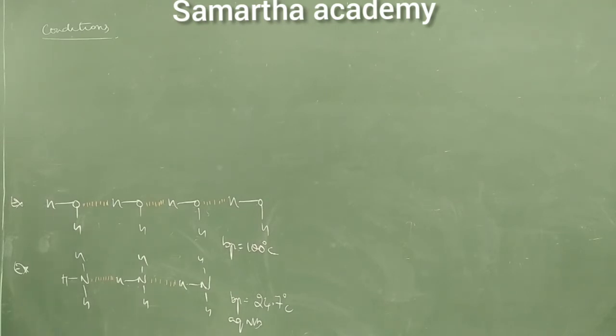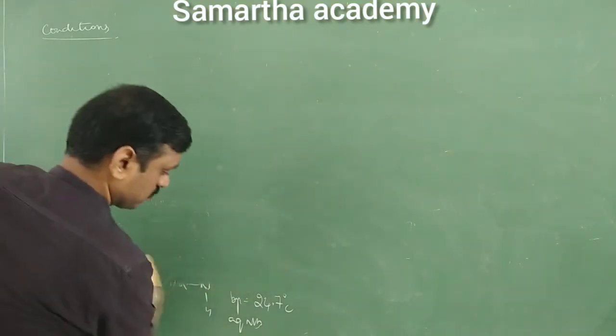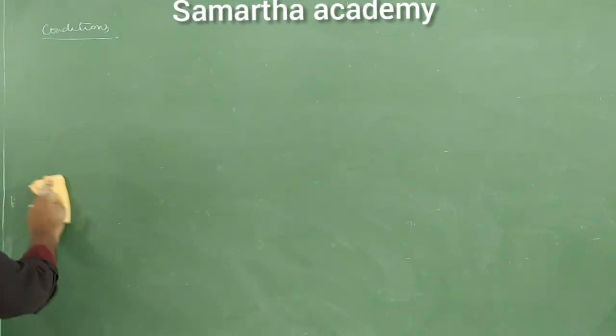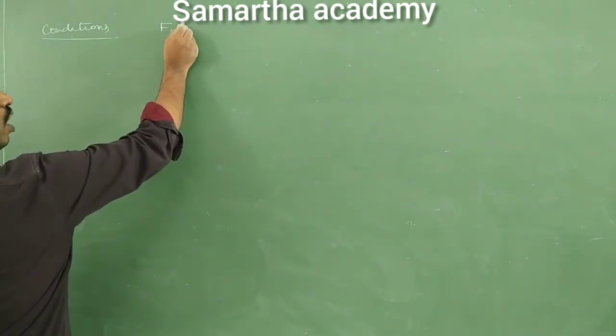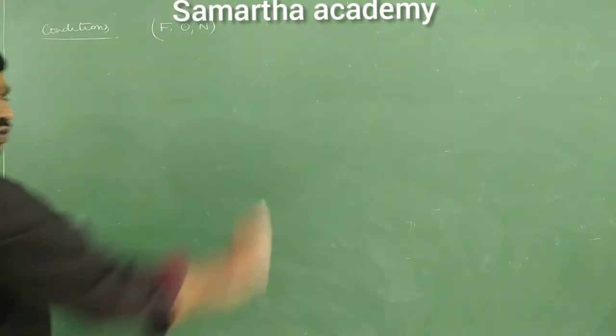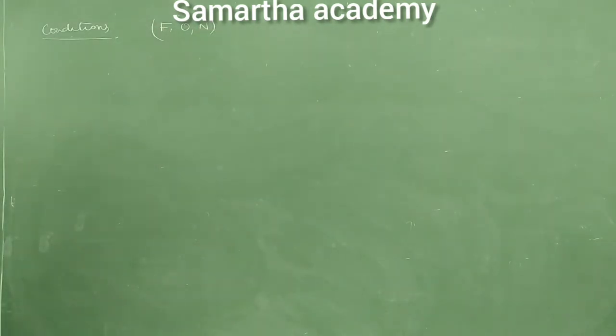So write down, the atoms having high electronegativity, in bracket, which elements? Fluorine, oxygen, nitrogen. The elements having high electronegativity and small atomic size can form hydrogen bond.